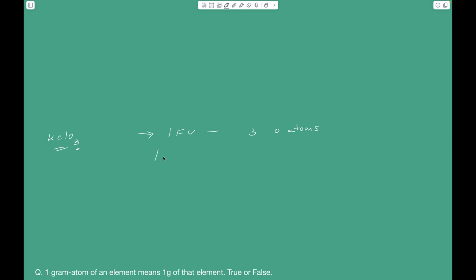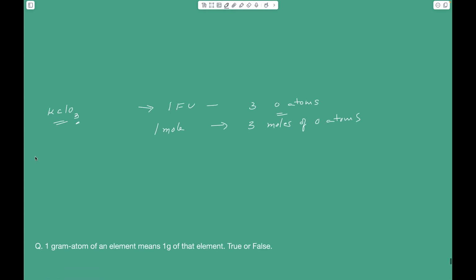But if you take 1 mole of this compound, or 1 mole of potassium chlorate, then how many moles of oxygen atoms are there in it? Obviously 3 moles, right? It is just like multiplying both of these with 1 mole.